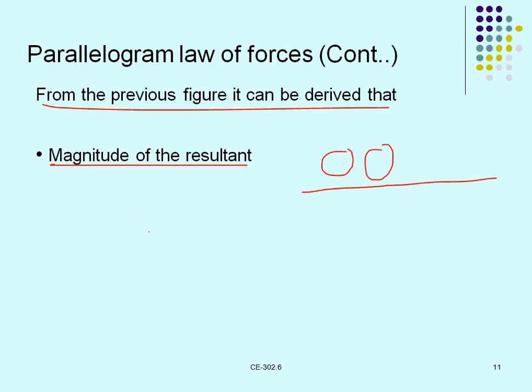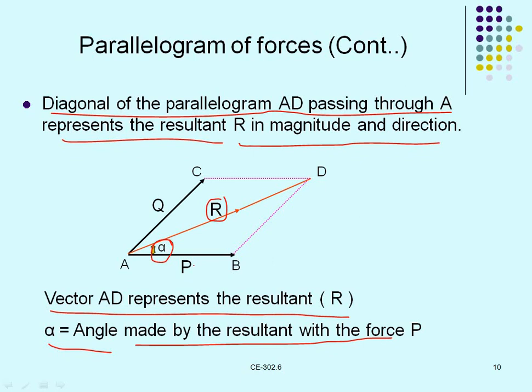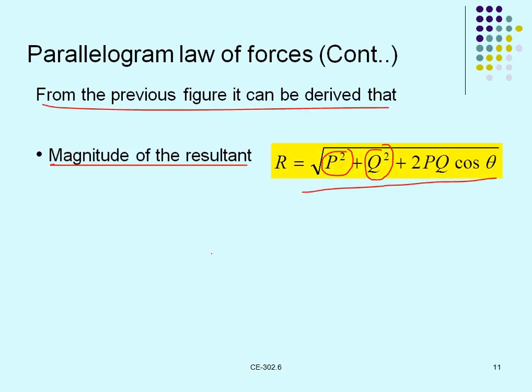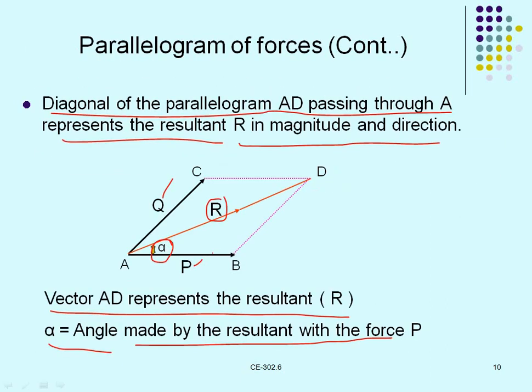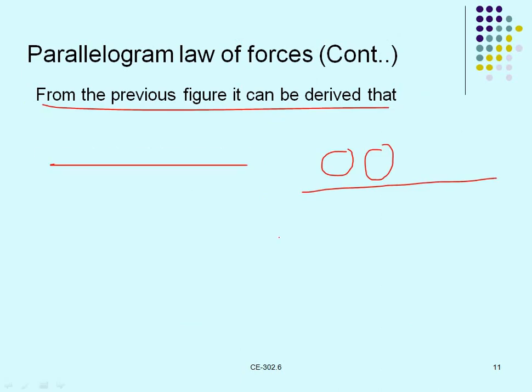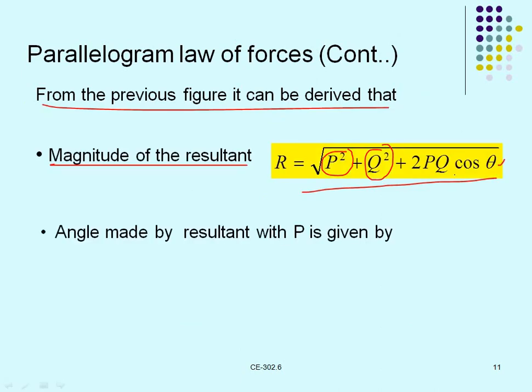Here we have two sides, P and Q, giving 2PQ, and the angle between them gives cos theta.